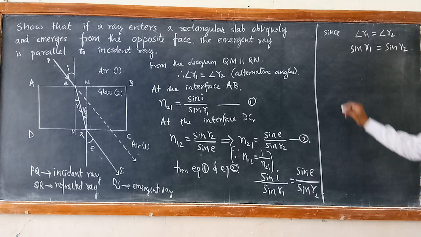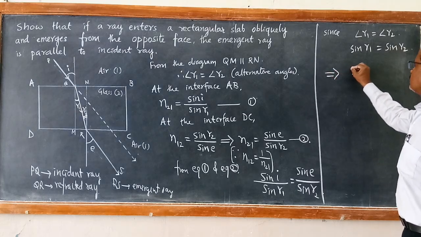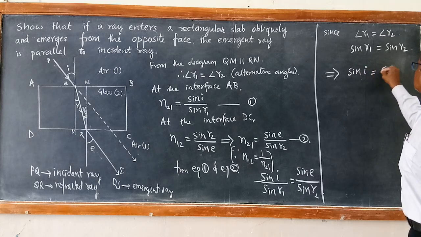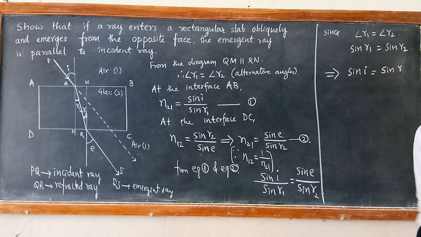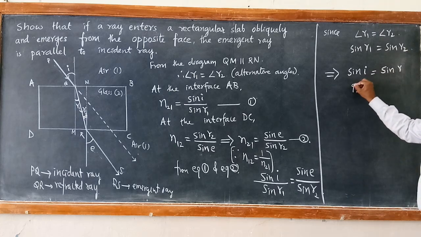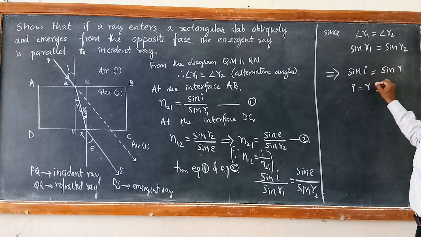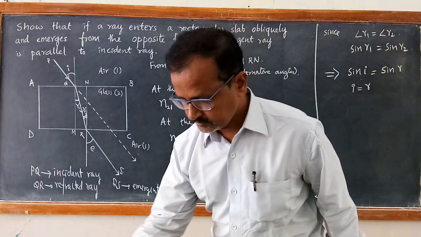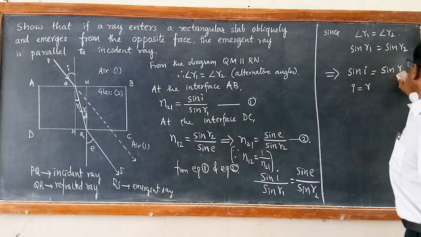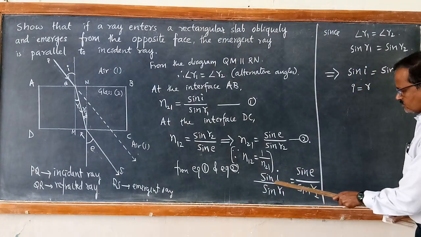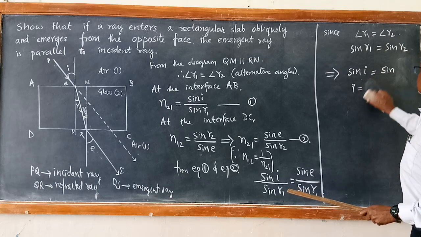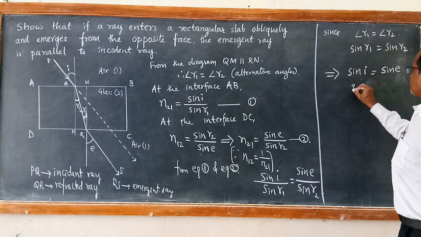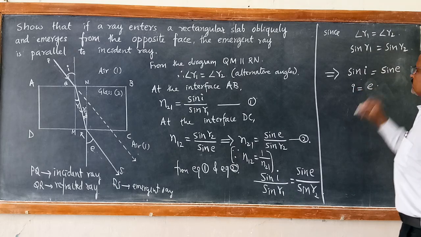This implies sin E must be equal to sin I. That is, angle of incidence I is equal to angle of emergence. Sin I is equal to sin E. So therefore the angle of incidence is equal to the angle of emergence.